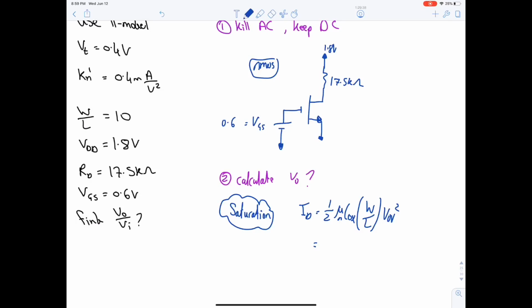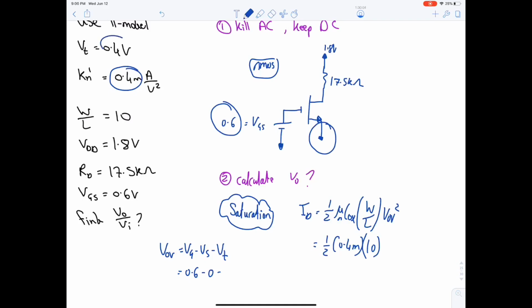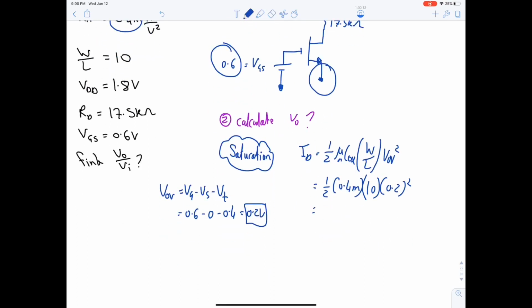ID is unknown, half mu n COX is this, W over L is 10, VOV squared, you need to compute it, VG minus VS minus VT. VG is 0.6, minus VS is 0, VT is 0.4, hence 0.2 volt. ID is equal to 0.08 milliampere.